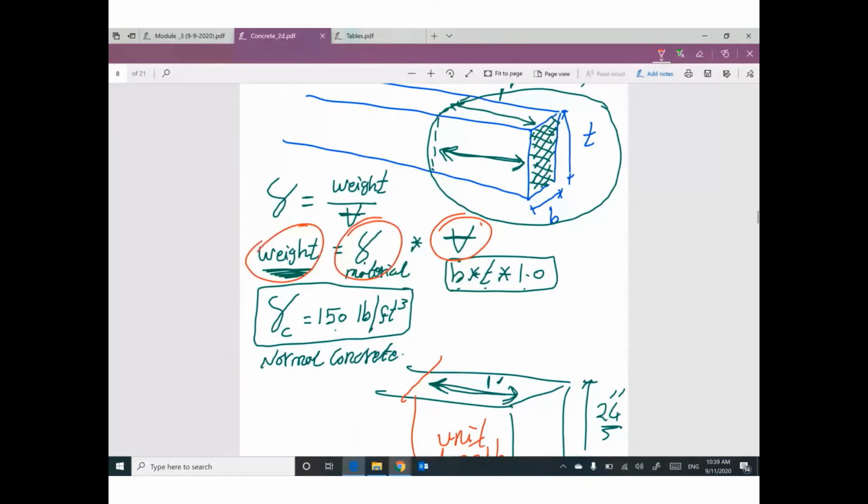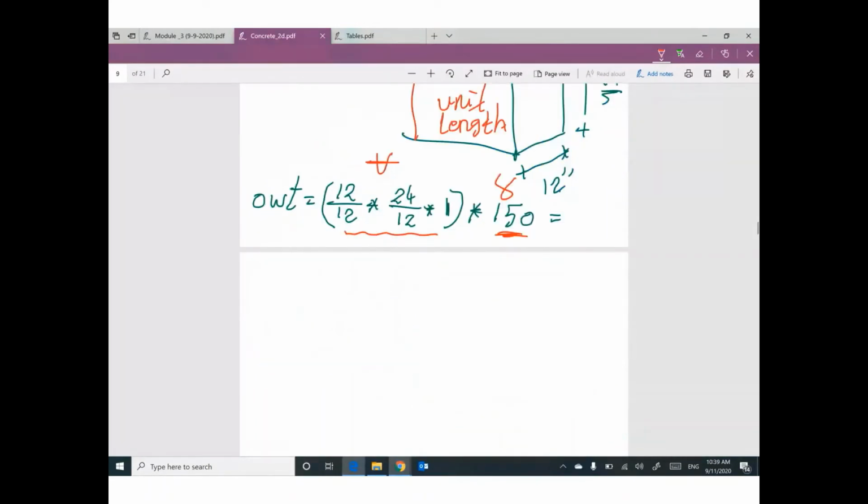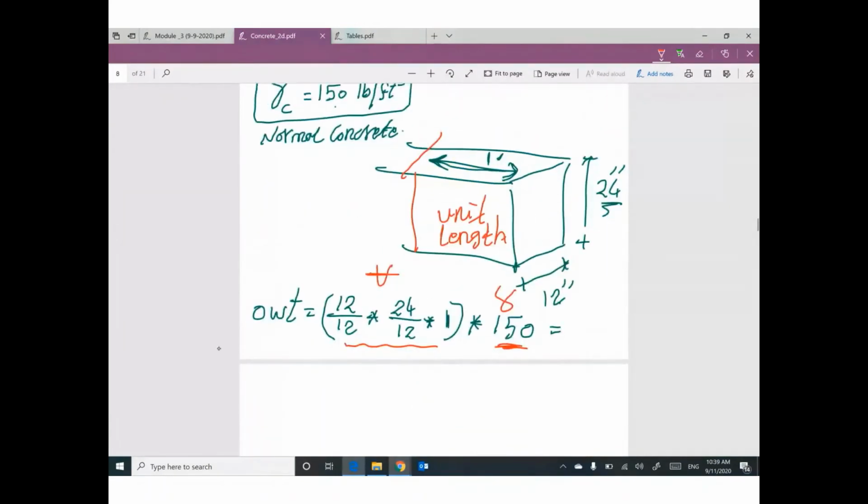I have a question. Why this 12 and why this 12? Because I need to convert this B from inch to feet, and this T from inch to feet. So I divided both of them by 12 because the unit length is in feet. So all of these numbers must be in feet.